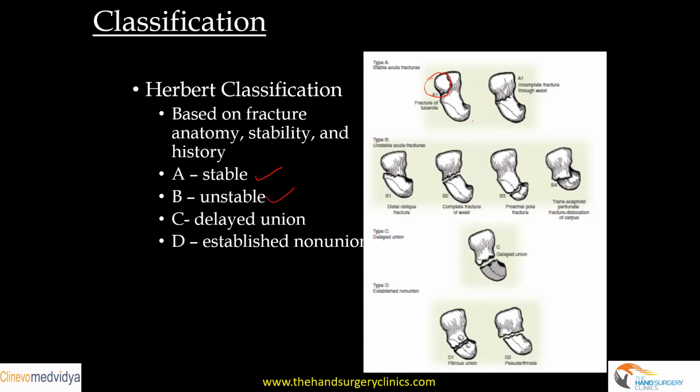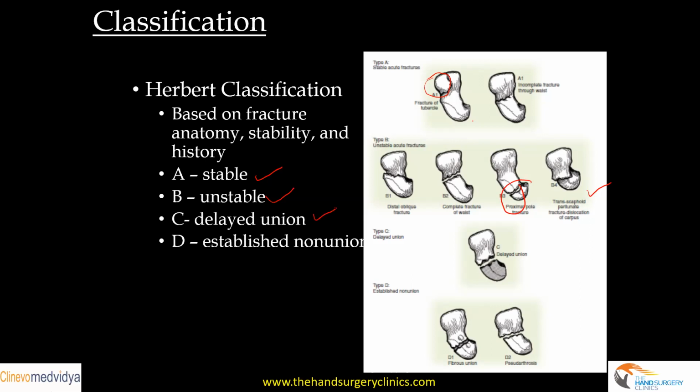An unstable fracture, or the B type, is any fracture where there is either a comminution, or an obliquity of the fracture line, or if it involves a proximal pole, or if it is a part of a transscaphoid perilunate fracture dislocation pattern. So we are going to talk about the transscaphoid perilunate and carpal injuries as we go through this learning process.